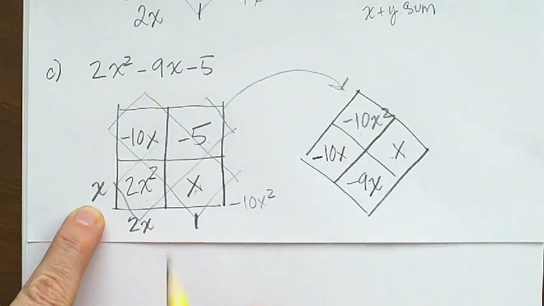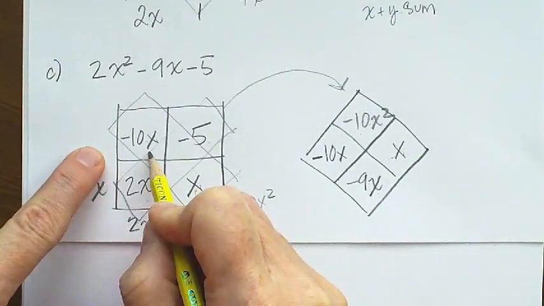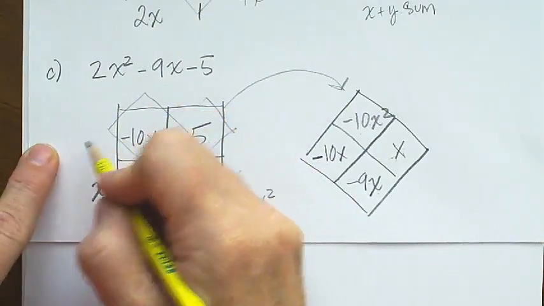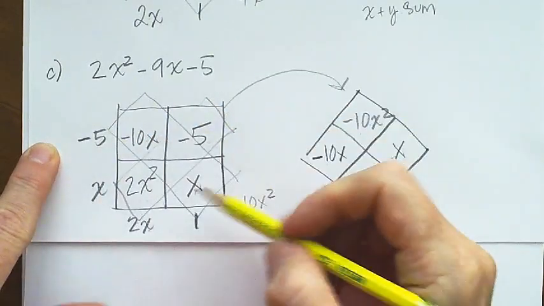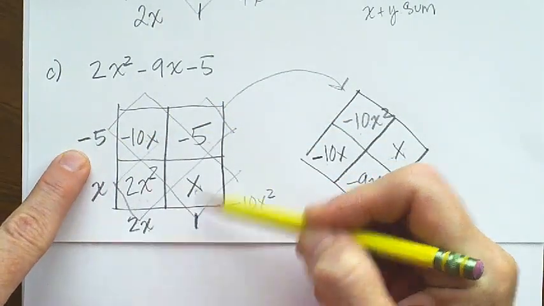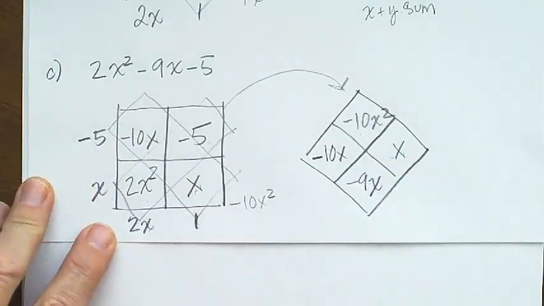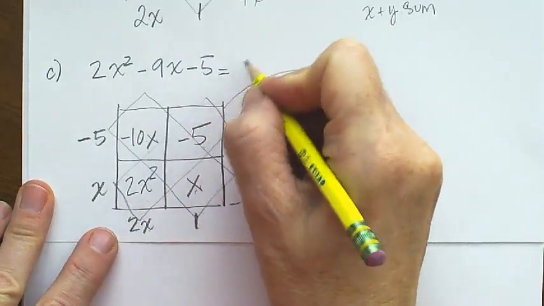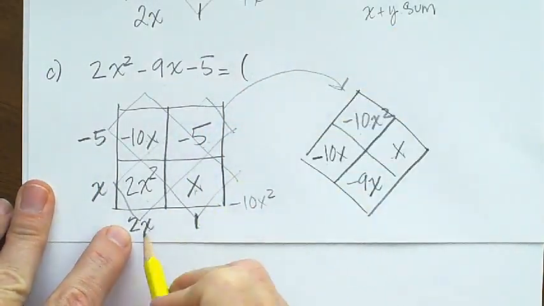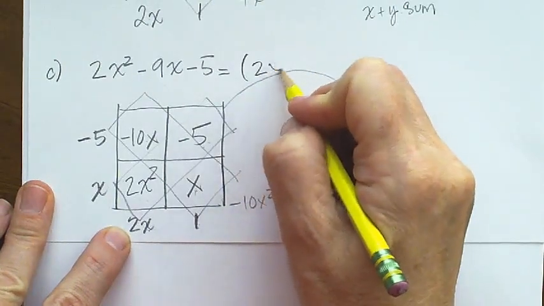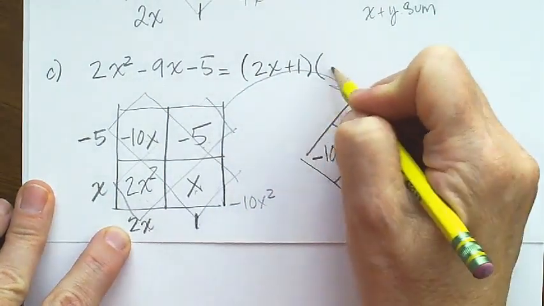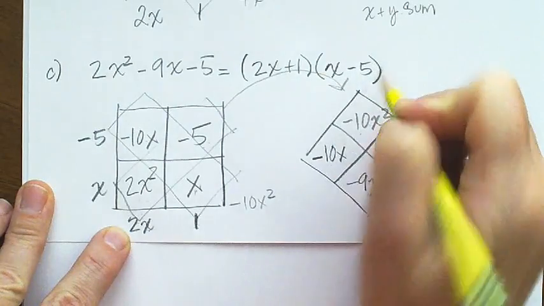That's got to be a 1. 2x times what would give me negative 10x? That's got to be a negative 5. Let's check and see. Does negative 5 times 1 give us negative 5? Yes. So this is going to factor into 2x plus 1 times x minus 5.